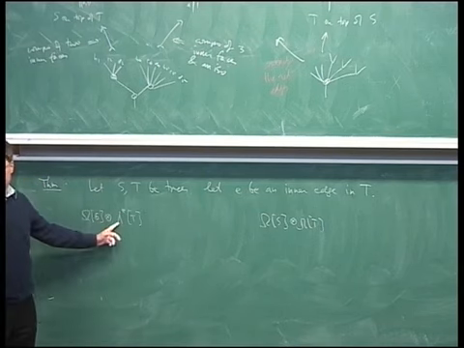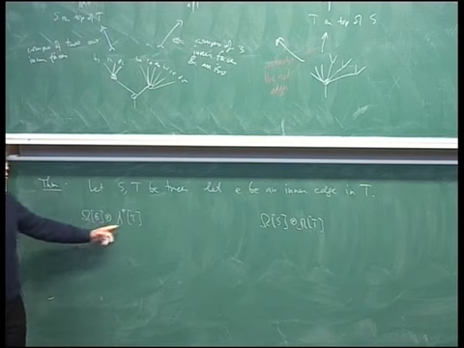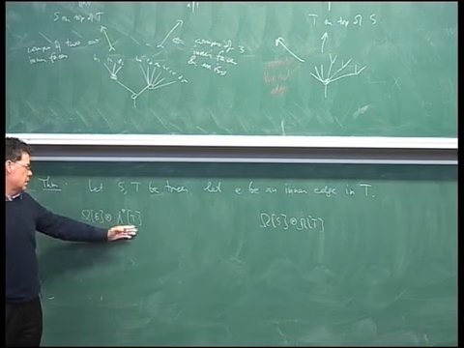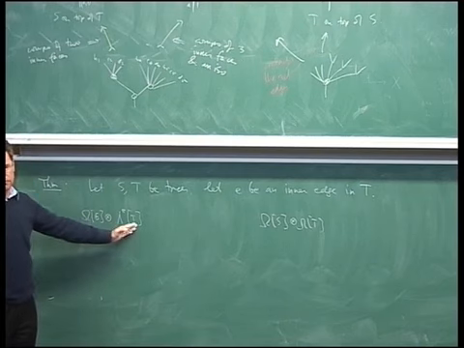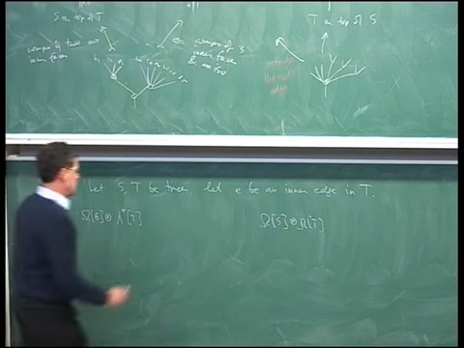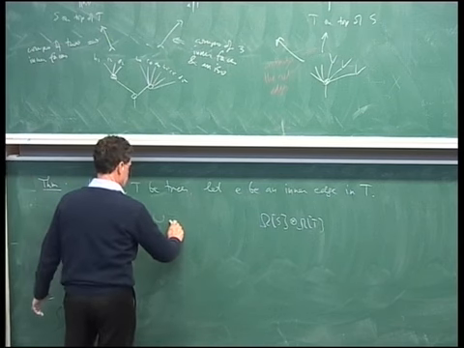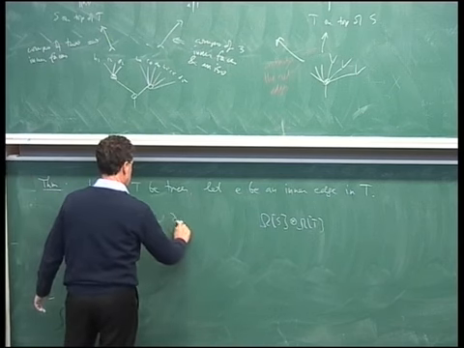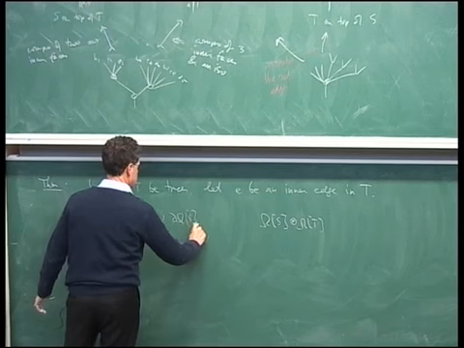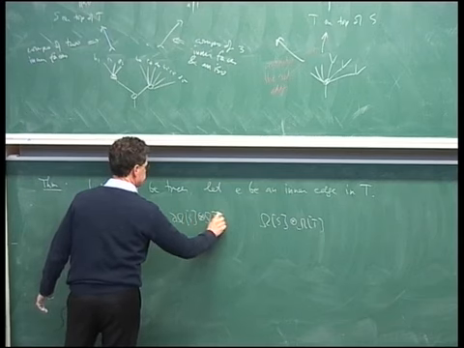This is a union of faces, so it's a union of representables. And I told you the tensor product commutes with colimits in these variables separately, so you know exactly what this is. And you can take delta omega S tensor omega T.